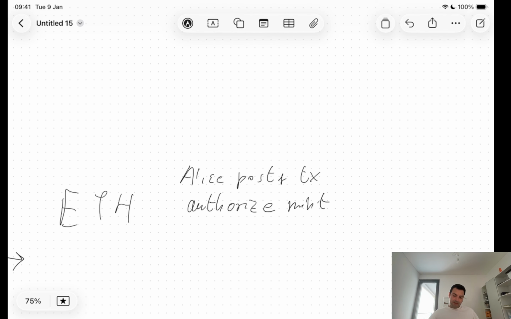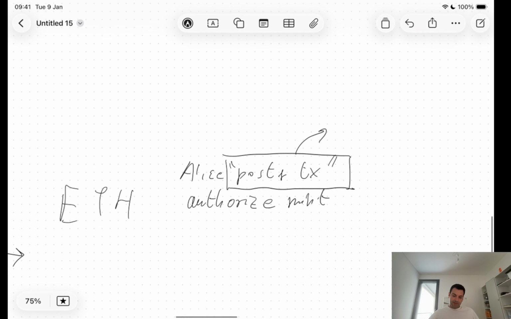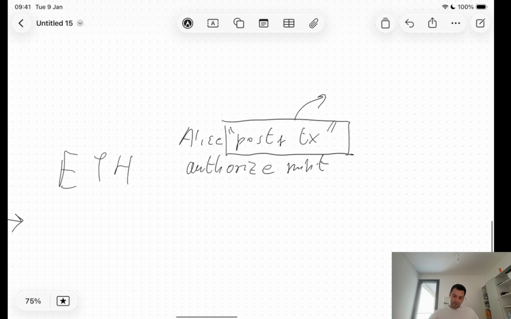Now the details of this are murky, but the point is that there is a smart contract. So in a way, this is trustless as long as you trust the validators on Ethereum. At least posting the transaction there means the transaction unlocks new coins, mints new coins for Alice.